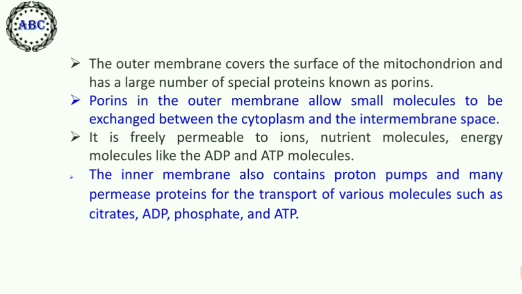It is freely permeable to ions, nutrient molecules, and energy molecules like adenosine diphosphate, that is ADP, and adenosine triphosphate, that is ATP molecules. The inner membrane also contains proton pumps and many permease proteins for the transport of various molecules such as citrates, ADP, phosphate and ATP.